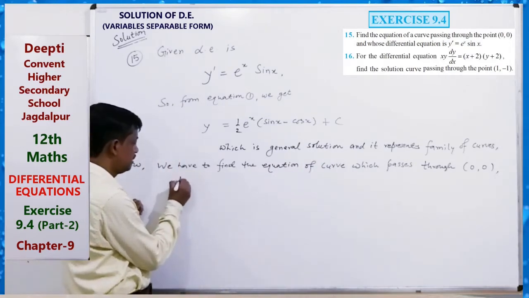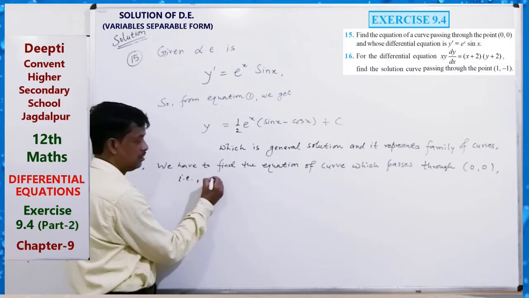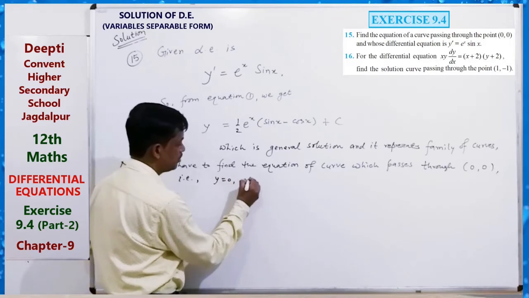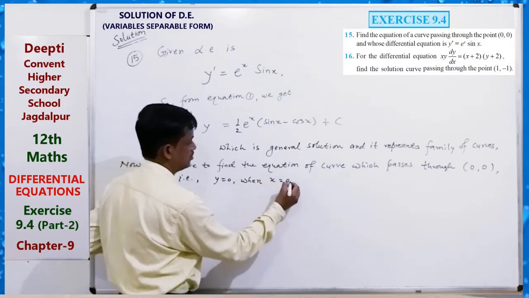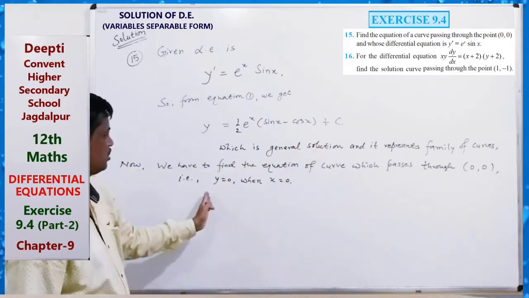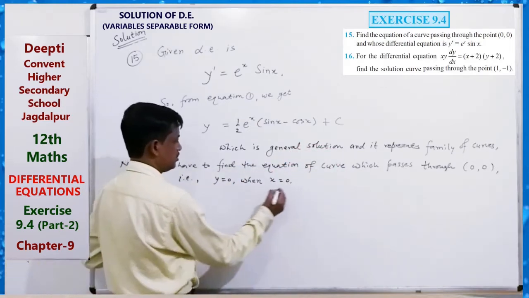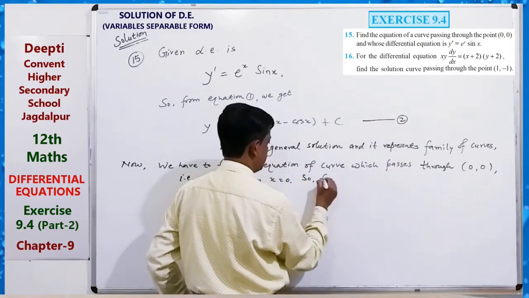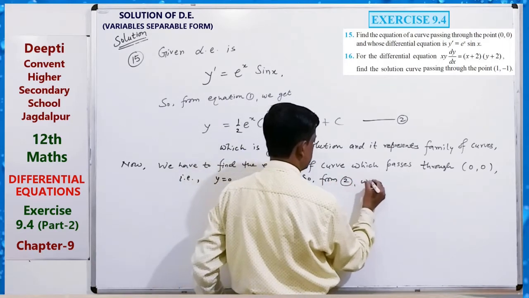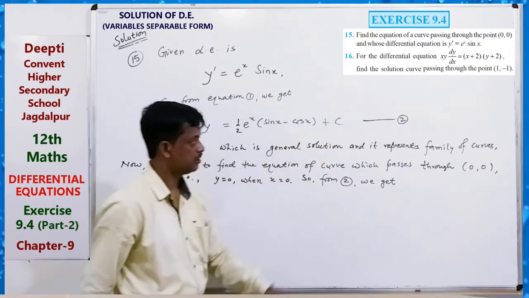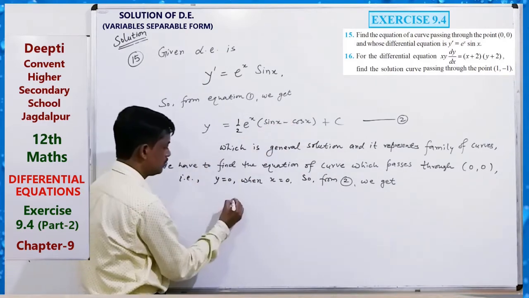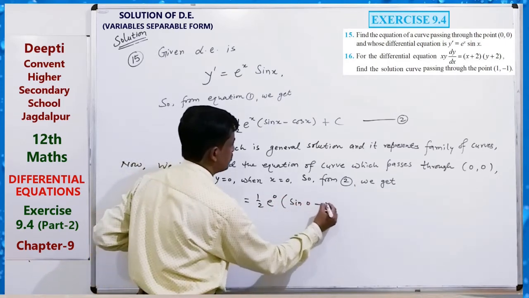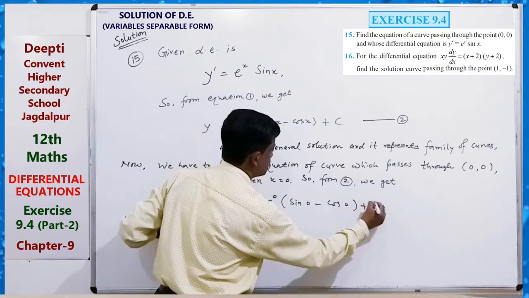That is, y equals 0 when x equals 0. Here we see both are 0. So from equation 2 we get y equals half e to the power 0 into sin 0 minus cos 0, plus c.